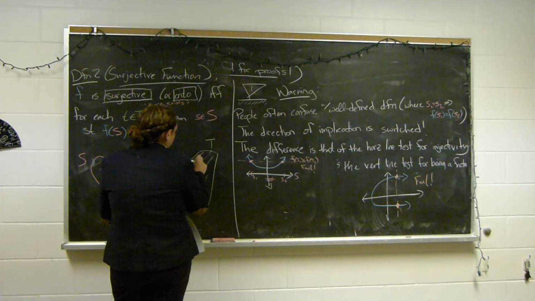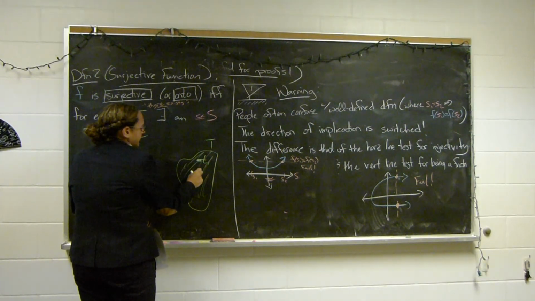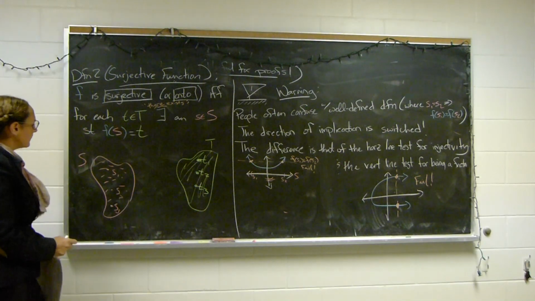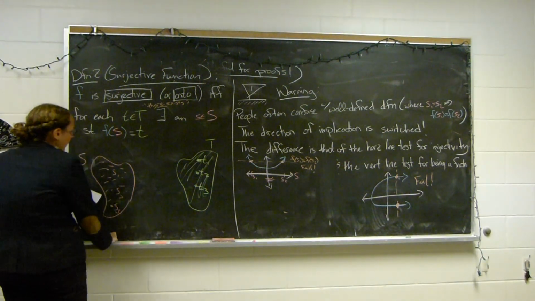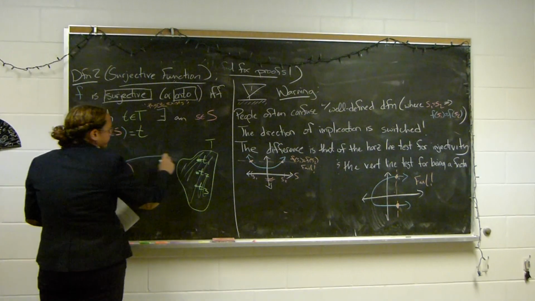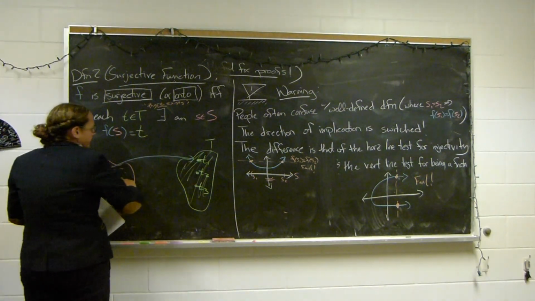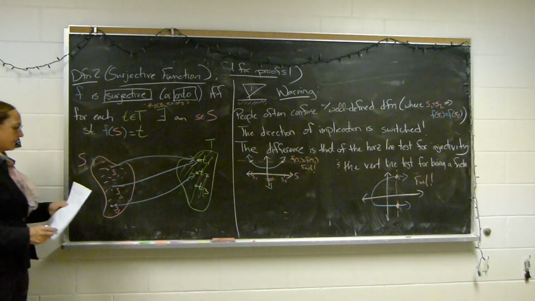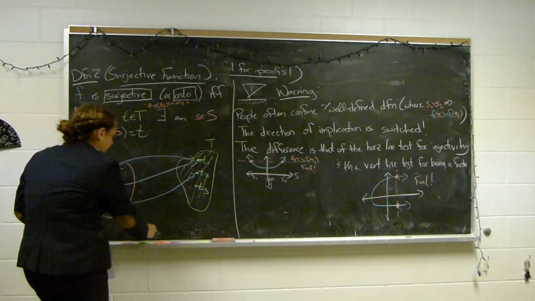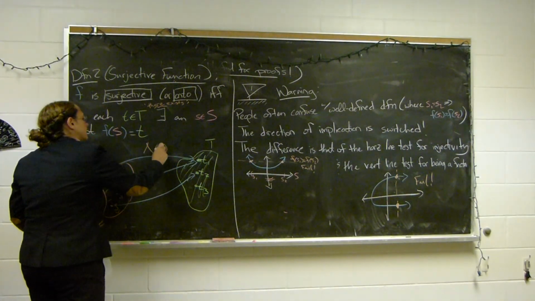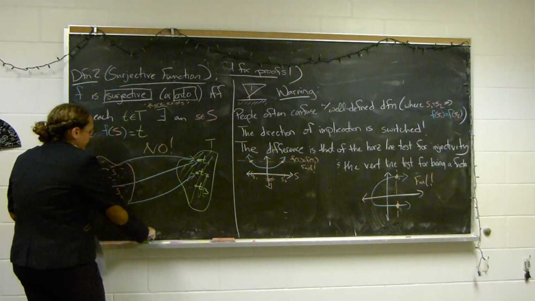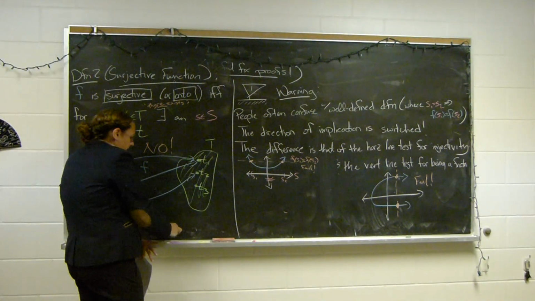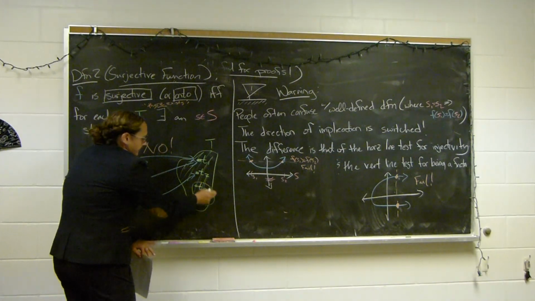And here I have some points, maybe I'm going to call these T1, T2, and T3. Maybe my function f sends both of these here, and then it sends this one here, and then we have a problem. Why is this such a horrible circumstance? It's not surjective because it left this poor guy all on its own. Nothing went there.